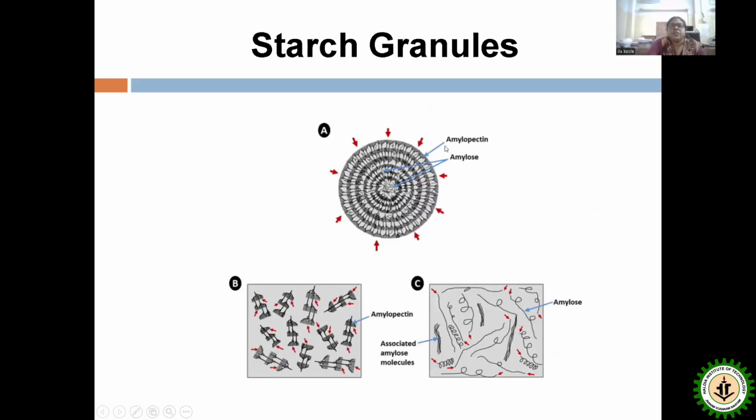Okay. So you can find here, this is a pictorial representation of a starch granule where amylose and amylopectin molecules are arranged around the nucleus in radial direction and in alternate layers.